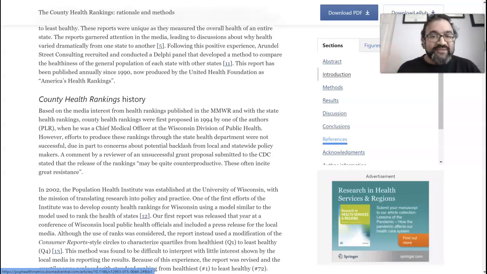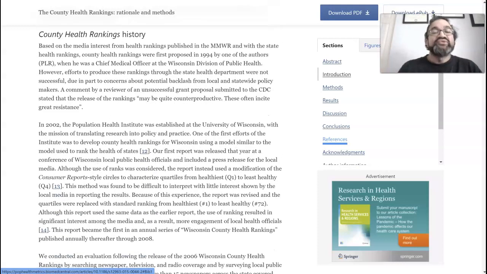Subsequently, in 2002, the Population Health Institute was established at the University of Wisconsin. And they started looking at, and this is important, where research can be translated into policy and practice. This is what we really are getting to when we're thinking about how to use county health rankings.